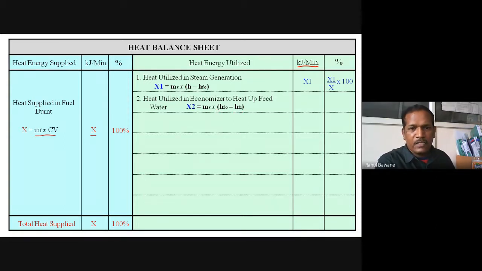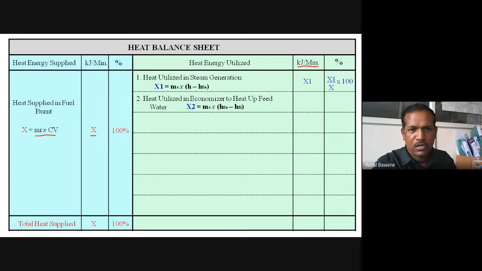Now the enthalpy change in the economizer. We supplied water at HFI, this enthalpy, and after preheating, our water reached HFO. So how much heat is utilized to preheat water? Mass of steam, that means total amount of water, multiplied by change in enthalpy.